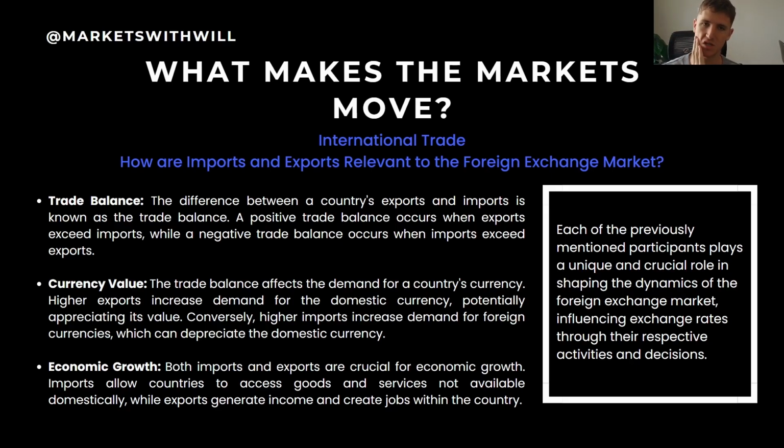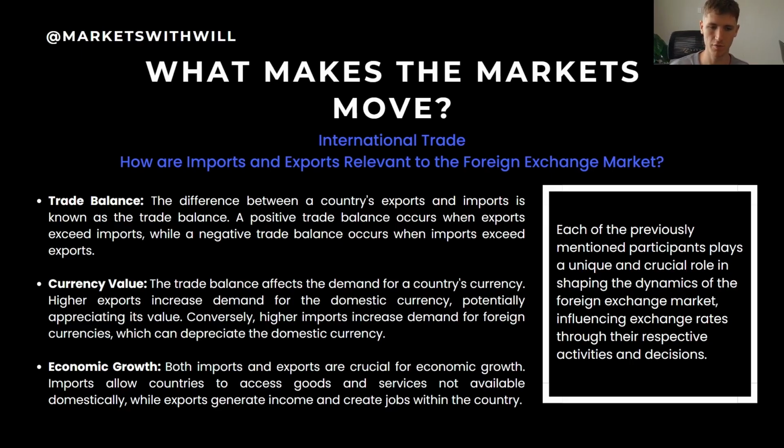So it really depends on what is actually occurring in the economy for it to influence the value of a currency in a certain way. Conversely, higher imports increase demand for foreign currencies, which can depreciate the domestic currency. So like the Australian dollar, for example. It's pretty basic stuff, but it's good to go through all of this.